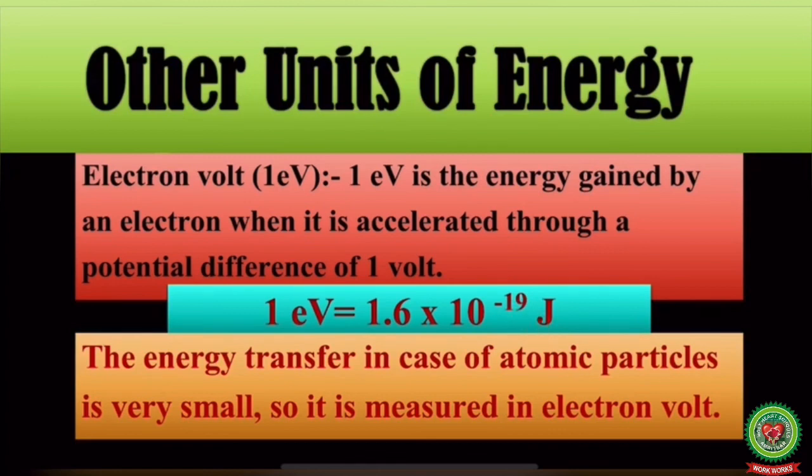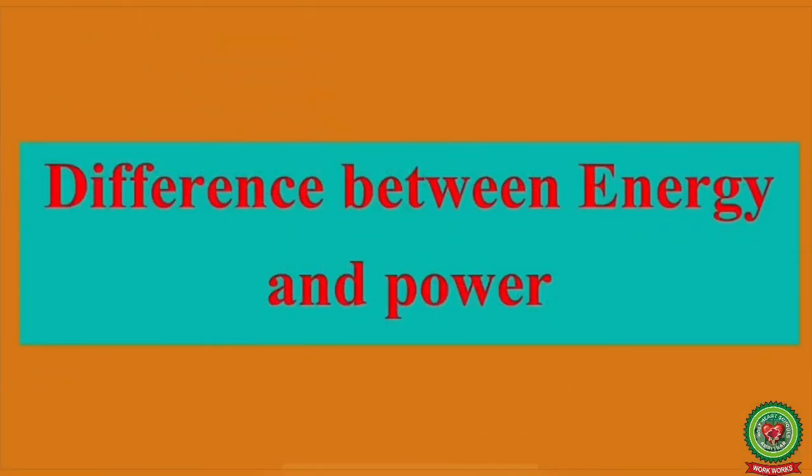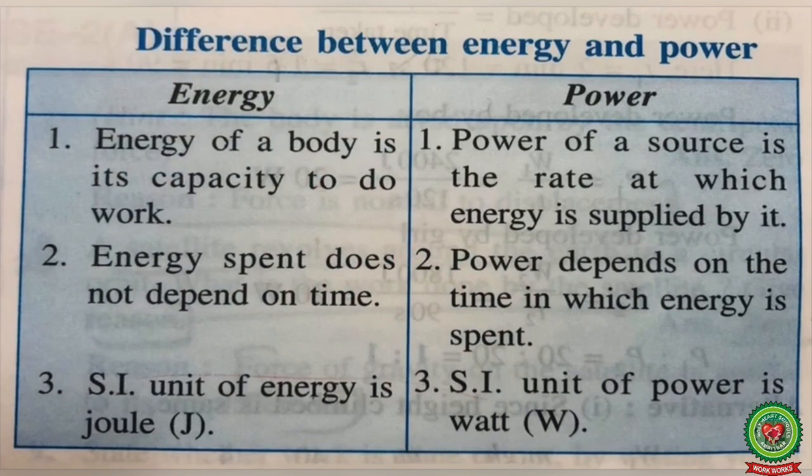So these are some other units of energy, and next we are going to discuss the difference between energy and power. In the difference, the first point is energy of a body is its capacity to do work or its ability to do work.